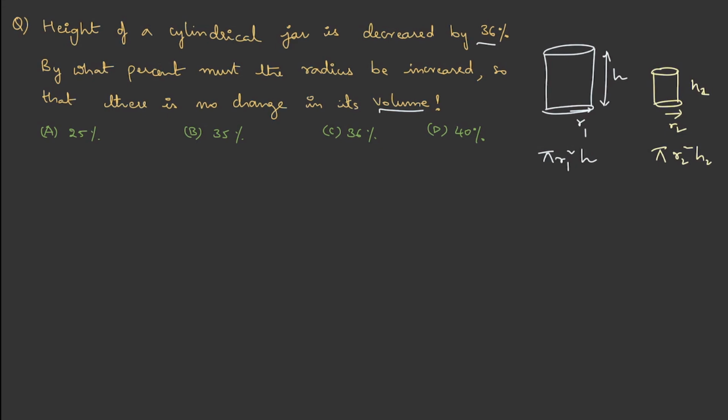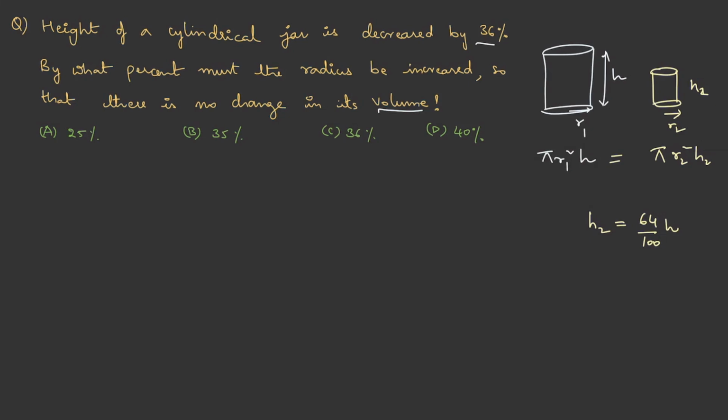They have given a relation that h2 is decreased by 36%, that is, the left out quantity is 64%, that is 64 by 100 into h. It's given that the volume has to be equal, that means these two should be equal. Substituting the values, pi r1 square h is equal to pi r2 square h2.